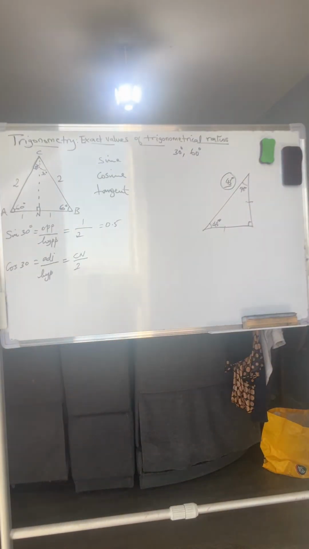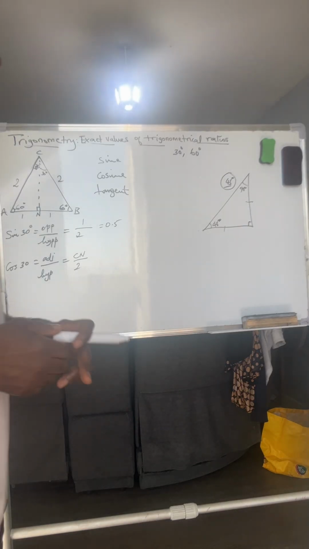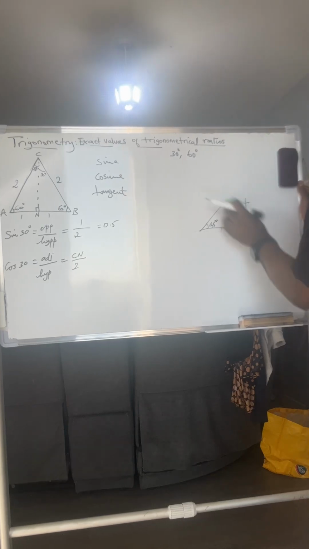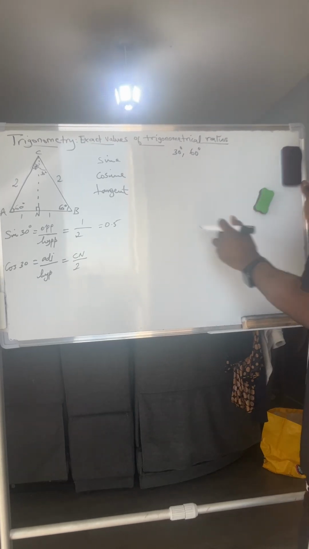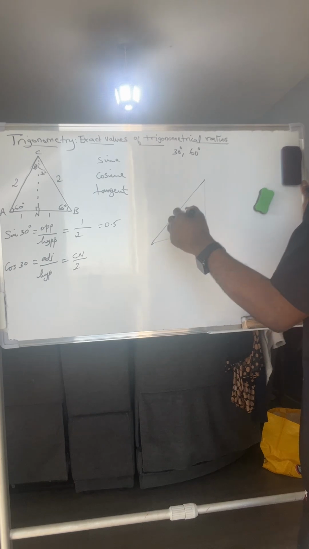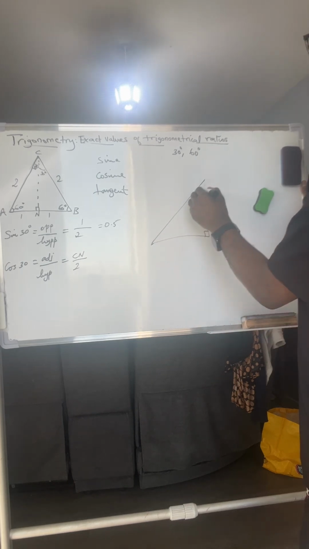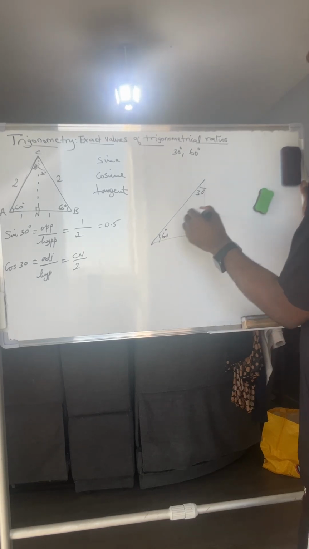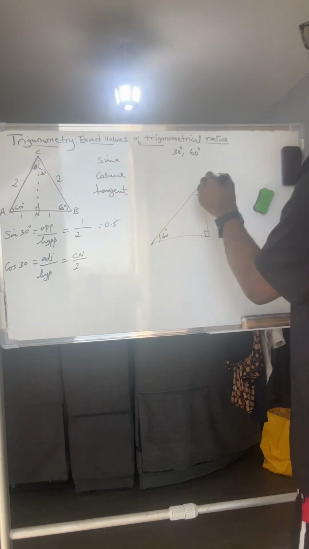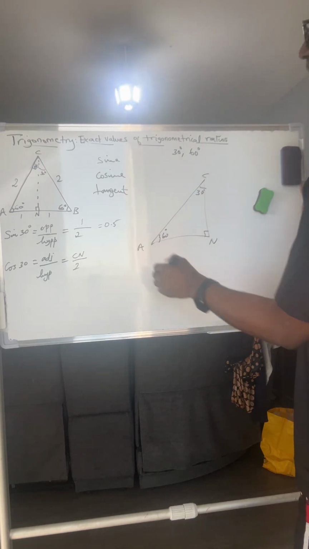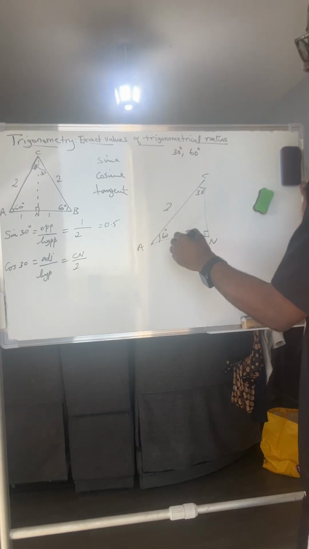So now we need to calculate the value of CN. If we look at this triangle here, this is 90, this is 30 degrees, this is 60 degrees. We say this is our C, this is our N, and this is our I. This is 2, and we say this is 1.